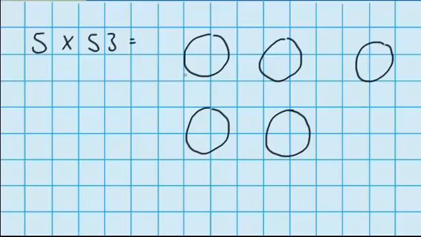And now I need to split up 53 into a tidy number, so in this case it's 50, and the amount left over, which in this case is 3. And we can double check, 50 plus 3 is 53. So now in all of my groups I'm going to put my 50 and my 3.